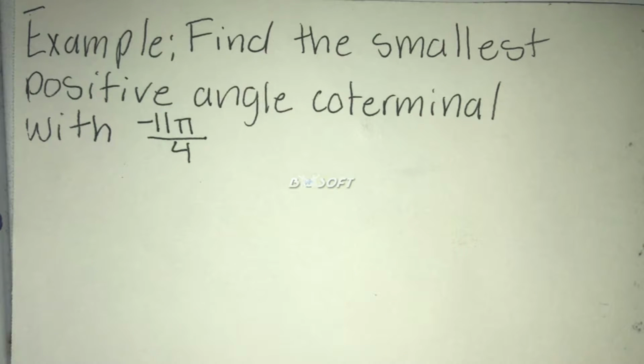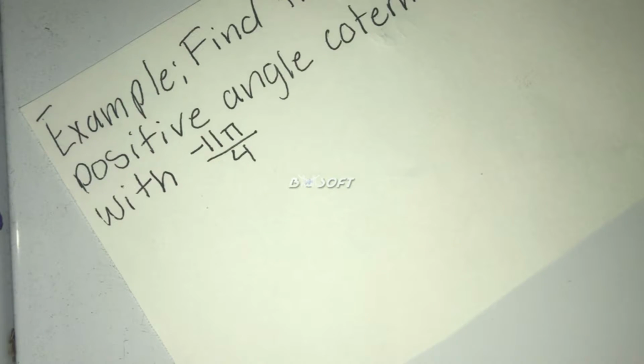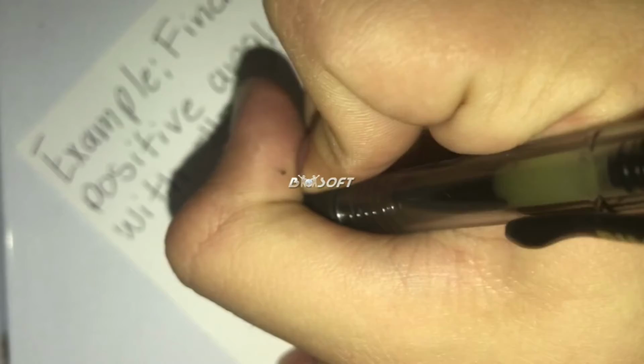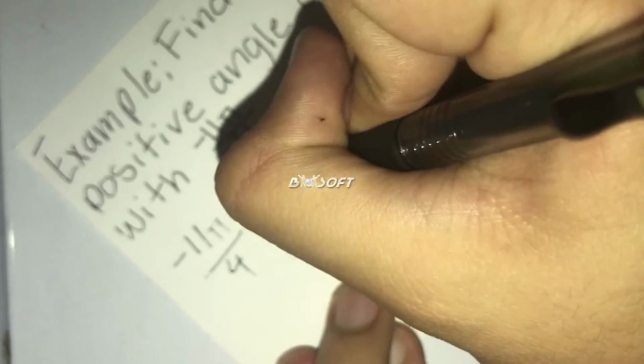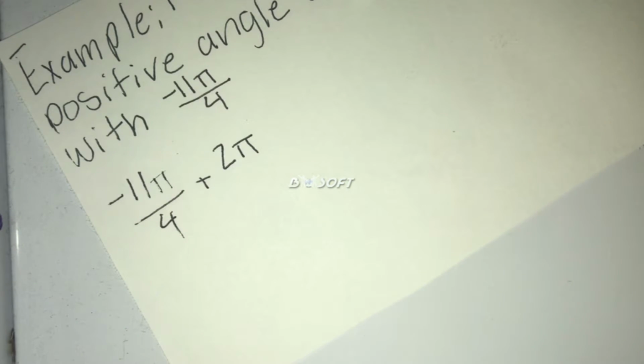So for our fourth and final example, it asks us to find the smallest positive angle coterminal with negative 11 pi over 4. So we'll use radians, so 2 pi. And it says positive, so we would have to add 2 pi. So negative 11 pi over 4 plus 2 pi, which doesn't work because we don't have common denominators. So our least common multiple for the denominator is 4.